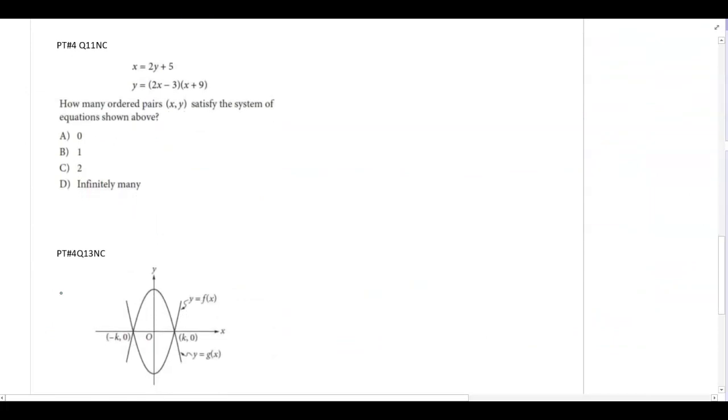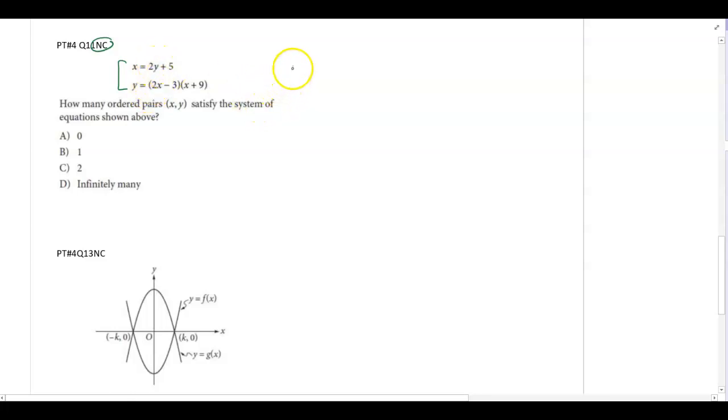Okay, the next one. This is a more difficult one. How many ordered pairs satisfy the system of equations above, right? So how many times does this system intersect? And right away, it's a no calculator problem. So what I'm going to do here is take the value of y and plug it in up here.